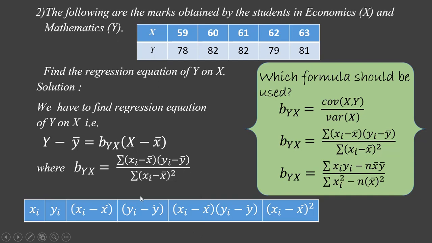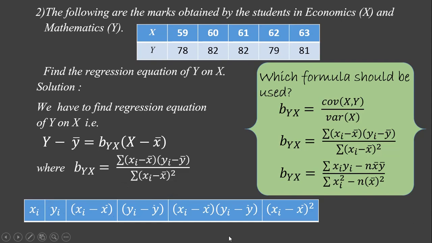Now in the last column, xi minus x bar is there, we only have to take their squares, and adding all the values in this column, we get the value of the denominator. So by observing the formula, we have to decide which columns are to be prepared in the table.